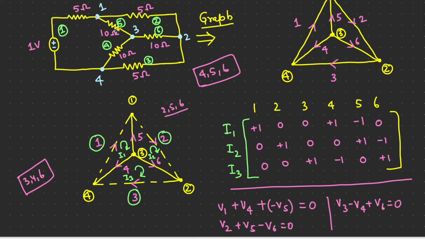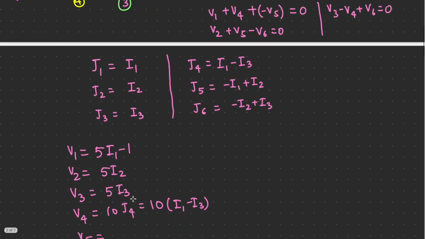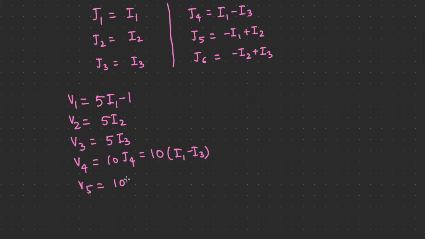All these 4th, 5th and 6th are 10 ohm, so V5 is 10 into J5, which is 10 into minus I1 plus I2, and V6 is 10 J6, equal to 10 into minus I2 plus I3.